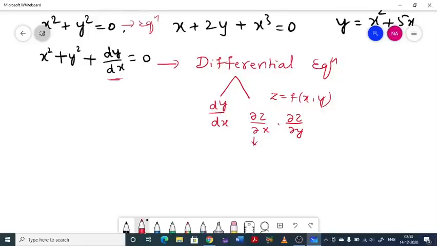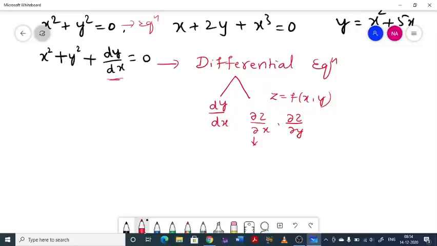So when this notation comes, see, in the equation or anywhere if you find this dou symbol, that means the dependent variable has two or more independent variables. So this z will be a dependent variable. So when you find this dou, it means this z depends on at least two variables.